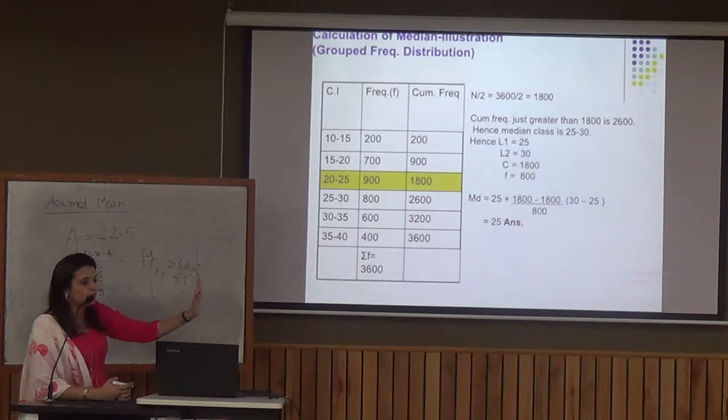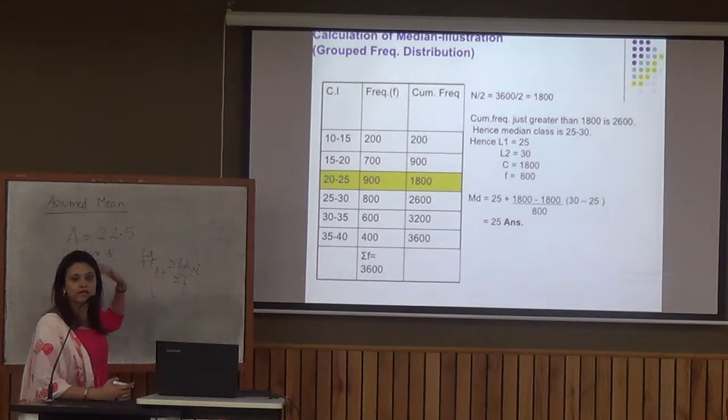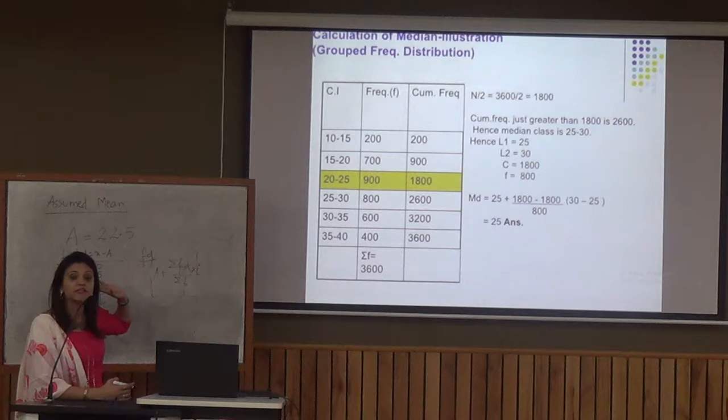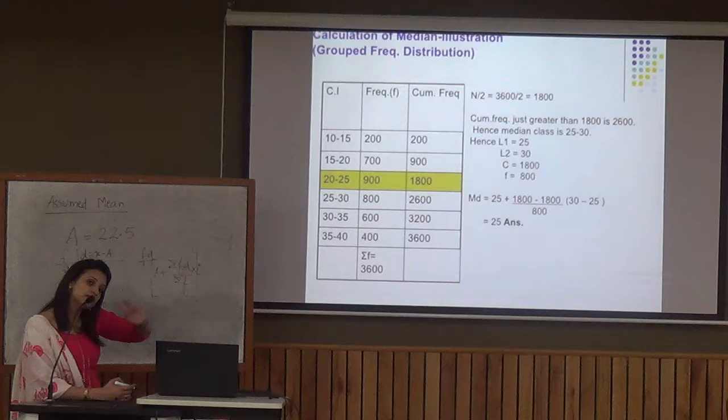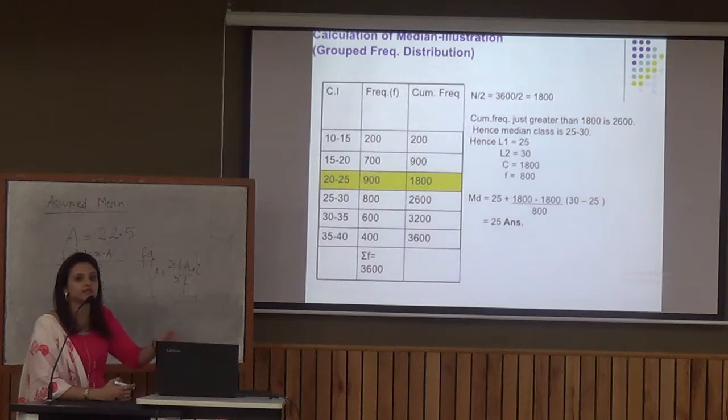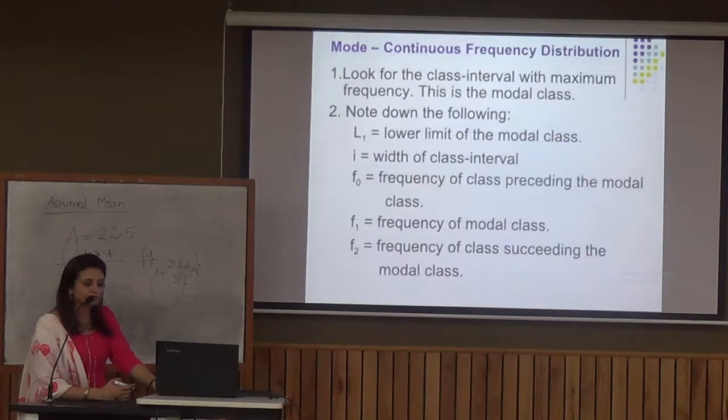In case it is, bingo, select that class interval. But in case it is not, then you need to select a class interval that contains that cumulative frequency. L here becomes the lower limit of the class interval, and F is the frequency of the selected class interval, whereas CF is the cumulative frequency of the class interval preceding the selected class.